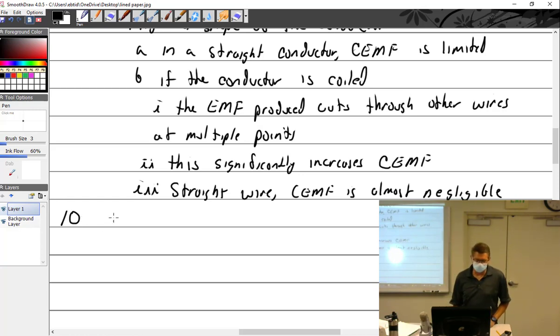All right, so let's talk about these coils, or another word for a coil is an inductor. Inductance is defined as that property of an electrical circuit that tends to oppose any change of current through the circuit.